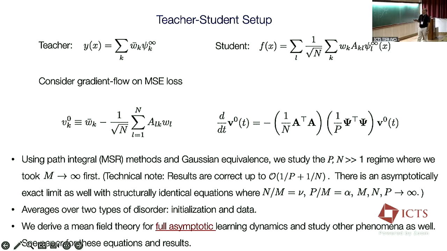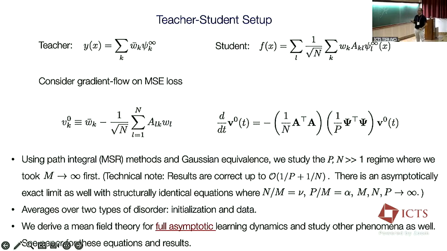For people who know the technical details of this, we're going to assume these statistics are Gaussian. And the theory is an asymptotically exact limit where technically we could take m, the dimension of this infinite matrix, with the ratios n over m and p over m constant, and everything goes to infinity.